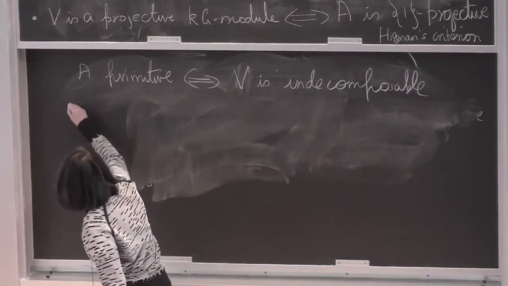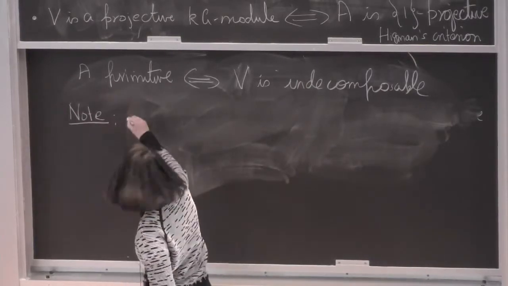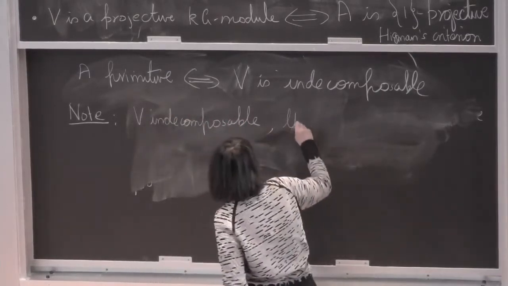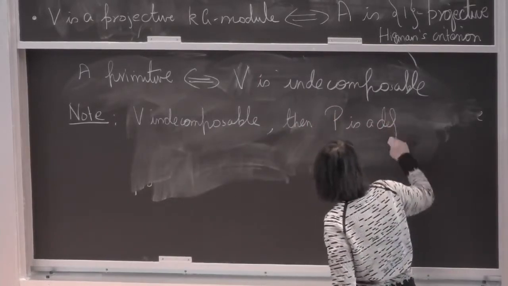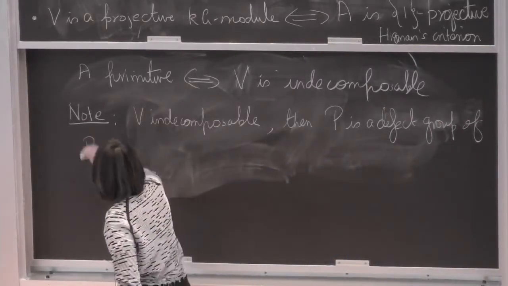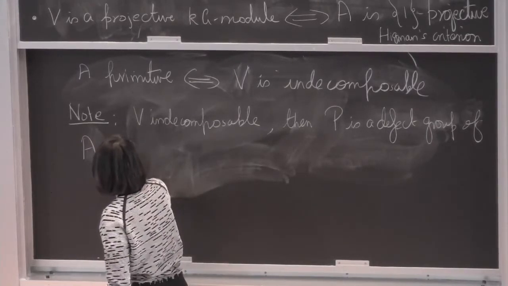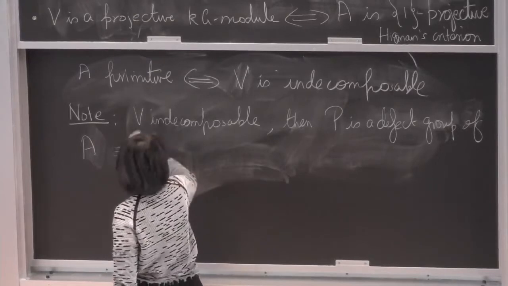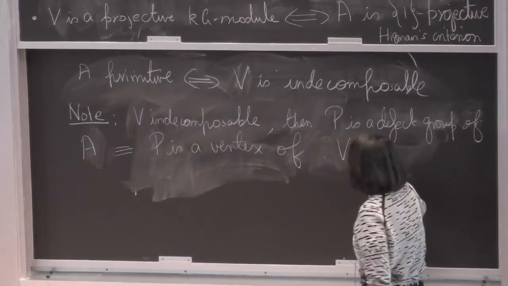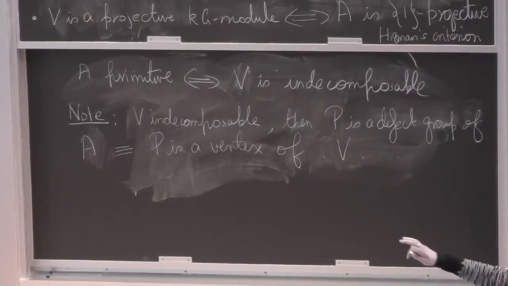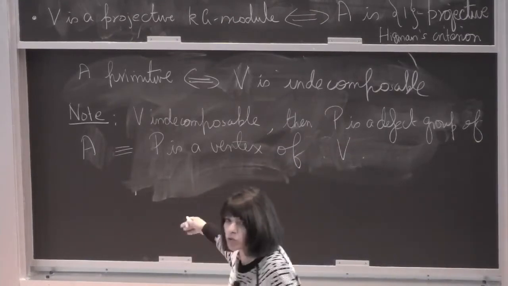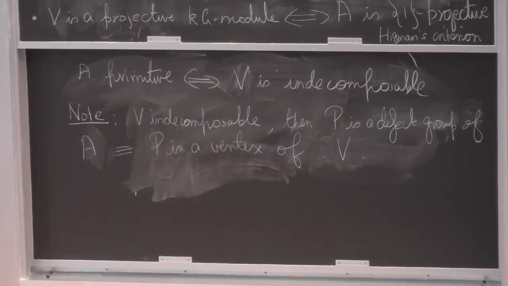Note, in this example, if V is indecomposable, so you can apply it, then P is a defect group of A is the same thing as saying that P is a vertex of V. So somehow we're going to get the theory of vertices and sources also out of this point of view.